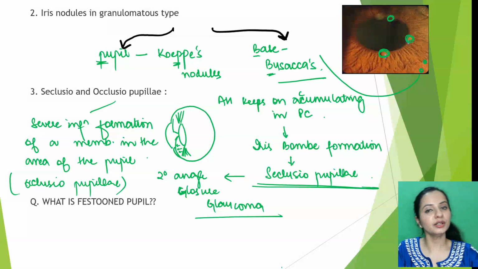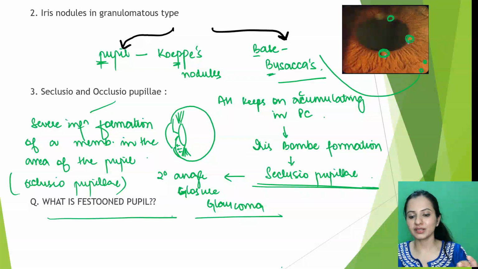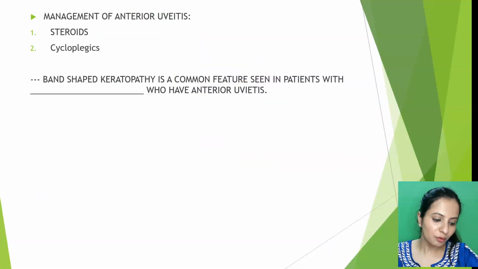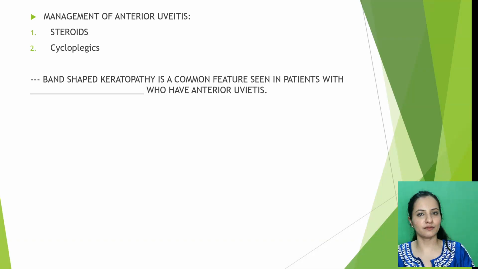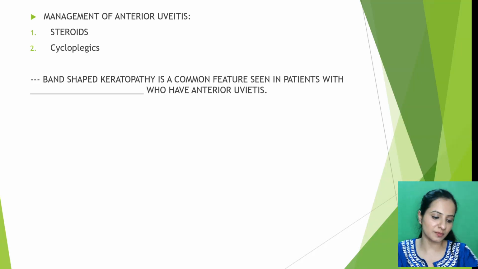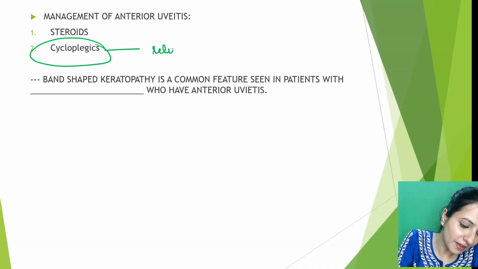So these are two different phenomena. Now I've told you what is festooned pupil, how does it form. Then moving on to the management, we know any inflammation, any itis in the body, we have to give steroids. And along with that, I told you there is pain in anterior uveitis because of the ciliary spasm. So what will you do? You will give cycloplegics. What will they do? They will relieve the ciliary spasm.